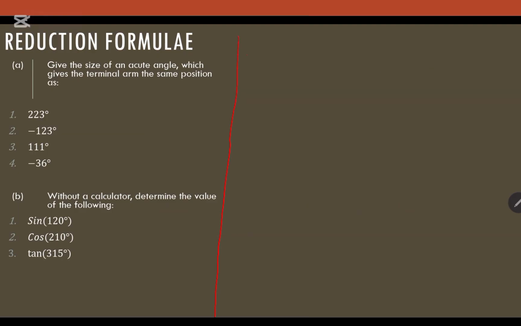180 minus 60 will get 120. So I can represent this as follows. Number 1 is sine of 120 degrees. It is the same as sine of 180 degrees minus 60 degrees.